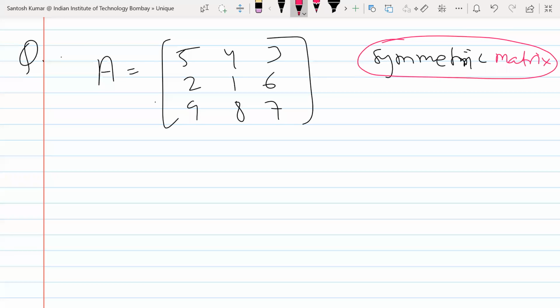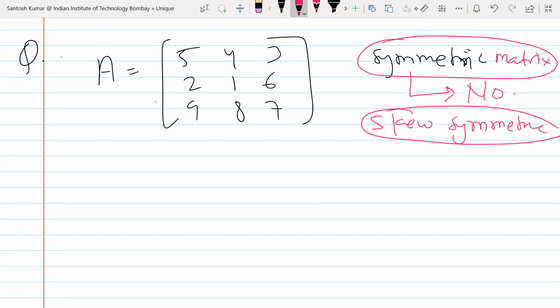No, sir. Okay. Is it skew symmetric? No.